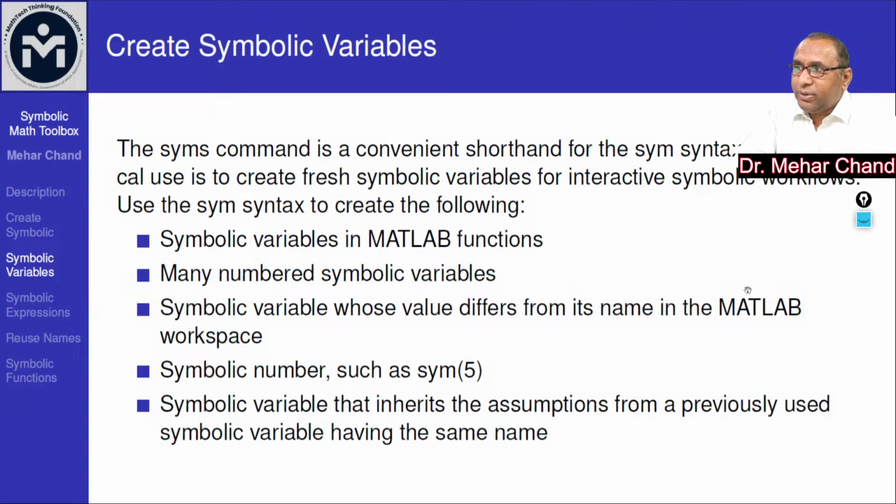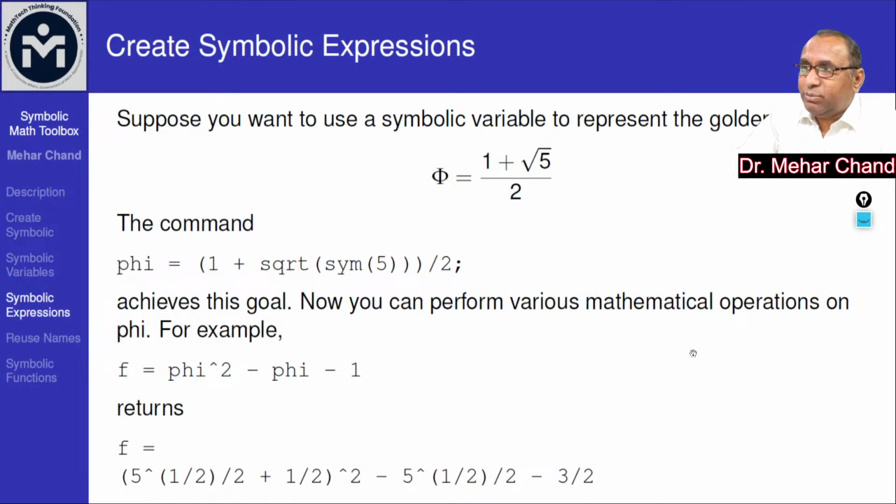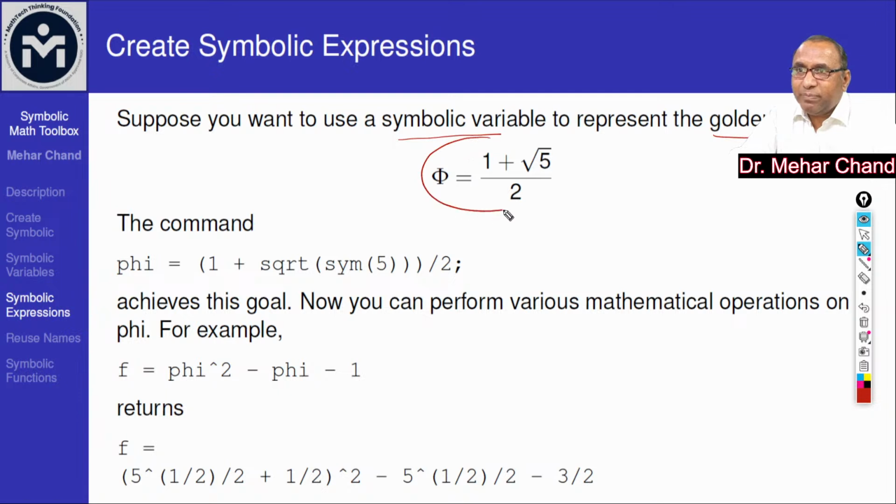So here are some symbolic expressions. I would like to explain all of these. Suppose you want to symbolize a variable to represent the golden ratio. This is the value for the golden ratio: phi is equal to 1 plus square root 5 upon 2.